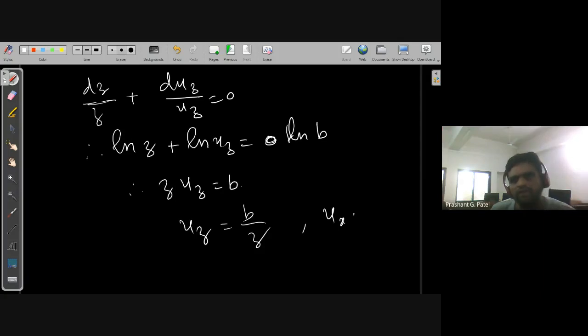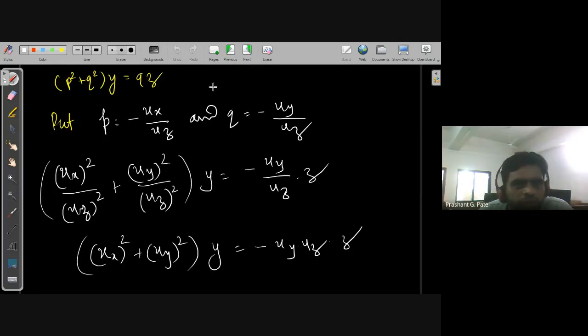We already have ux value as constant a. Now the objective is to calculate the value of uy. We have this equation, we have the value of ux, uz. Substitute here, we will get the value of uy.